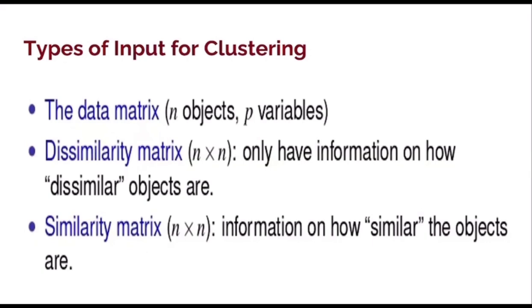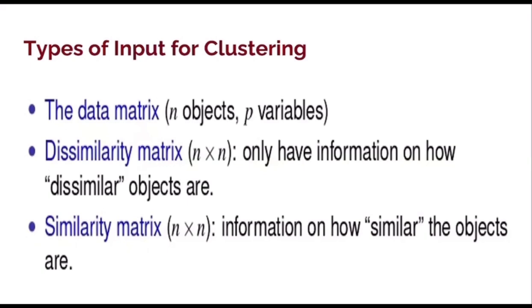So there's going to be a matrix, because I'm going to have n objects against p variables, and the p variables are the crime variables I talk about: theft, assault, homicide, burglary, drug offenses, and so on.